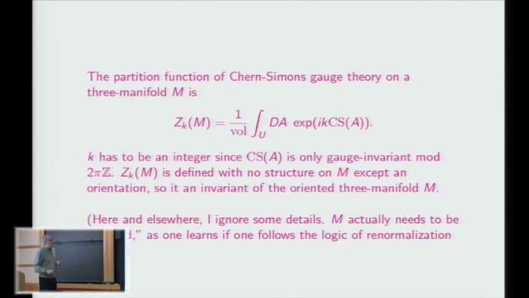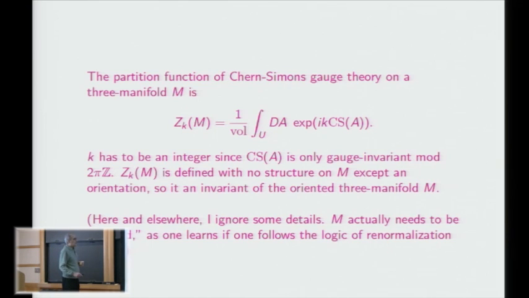Now, what would be called the partition function of Chern-Simons gauge theory on a three-manifold, formally, well, you take the exponential of the action, but we'll take the exponential of i, the square root of -1, times the action. We'll take the action to be k times the Chern-Simons function. But k has to be an integer because the Chern-Simons function is only gauge invariant modulo 2 pi times an integer.